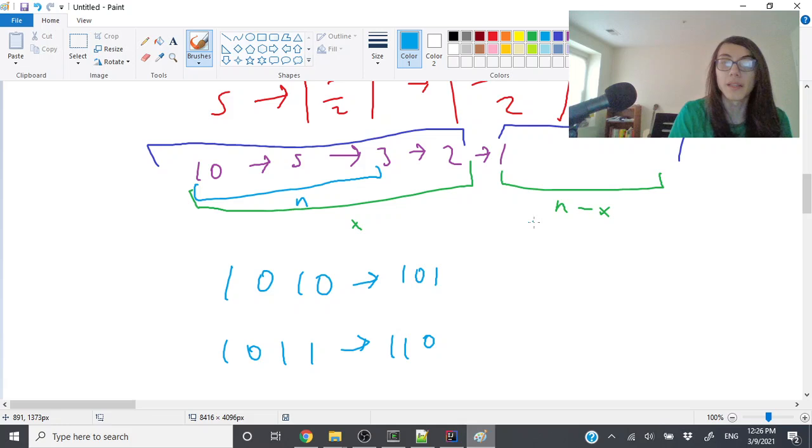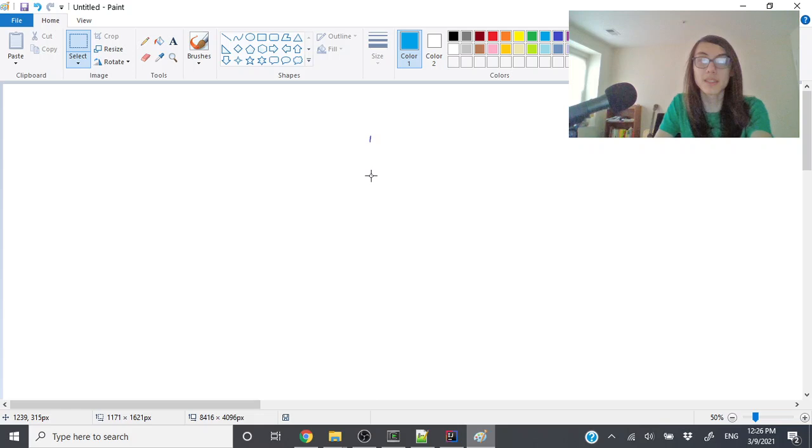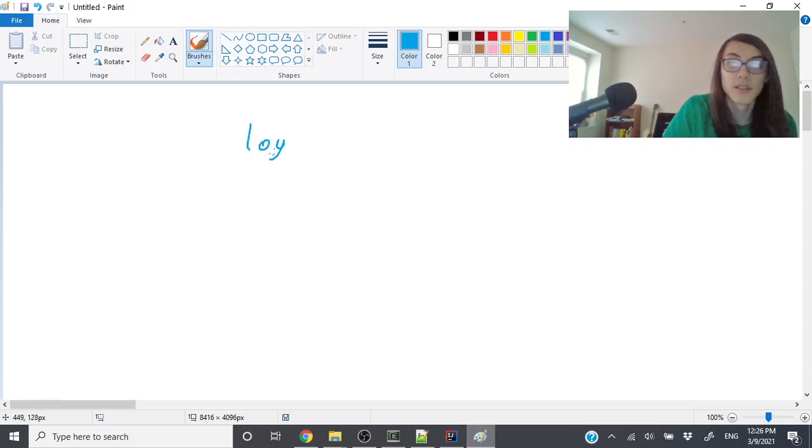So almost every time it's going to at least halve the value, or get something that's very close to halving the value. So this ceiling stuff will terminate in log n, which means the total complexity is log n for the binary search times log n to compute the stuff.